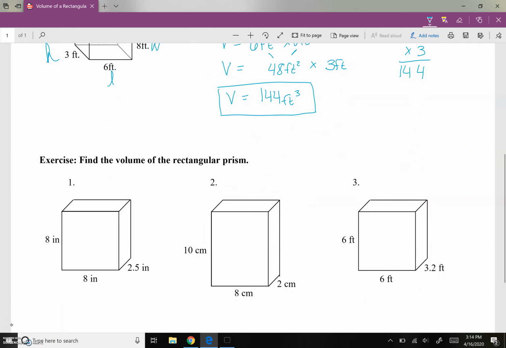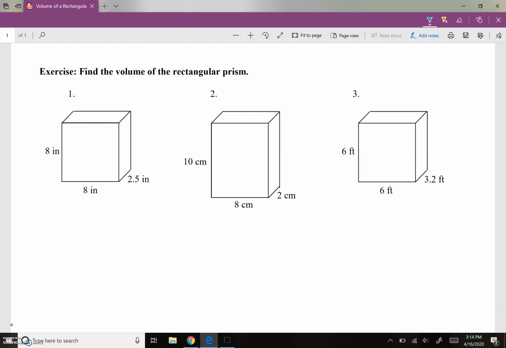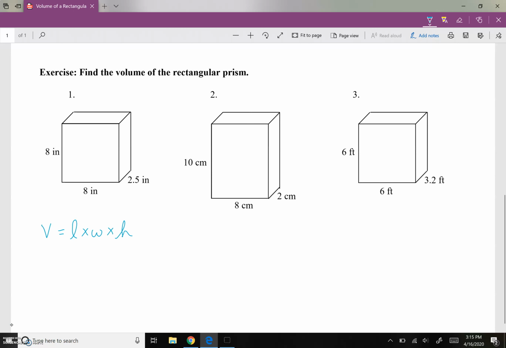Let's try another example. We'll need our formula, and we'll need to label our measurements. I'm going to have the 8 inches be my length, the 2.5 be my width, and the 8 inch over here be my height. Let's plug these into our equation. Volume equals length. Our length is 8 inches, times width.